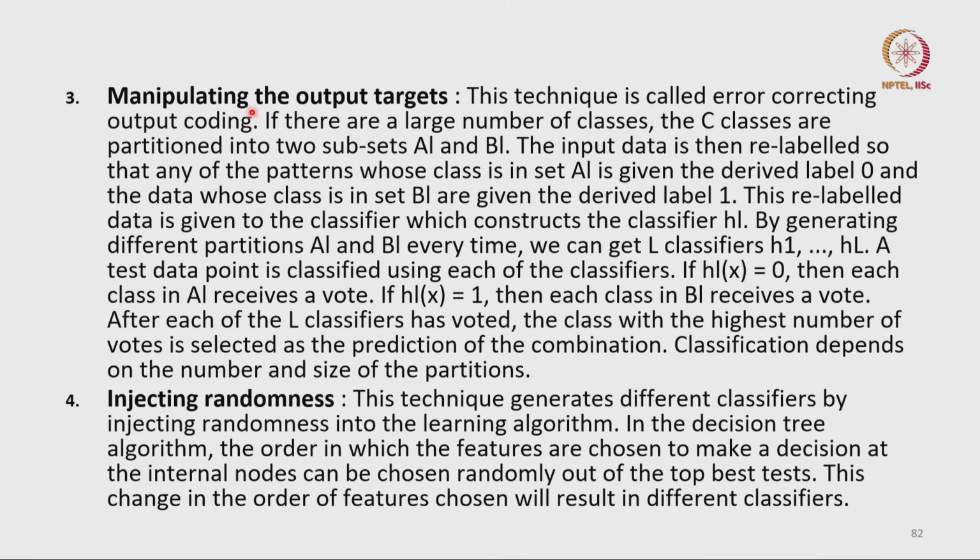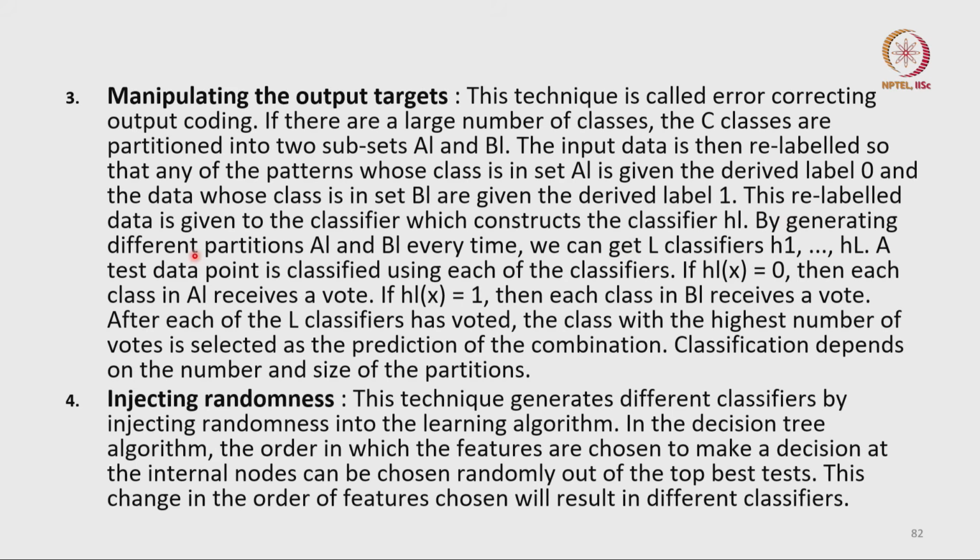The third one is manipulating the output targets. This is called error correcting output codes. So, if you have, say, a large number of classes, the classes are partitioned into two subsets, right. The input data is then relabeled, so that any of the patterns whose class is in set A1 is given the derived label 0, and whatever is in B1 is given derived label 1.